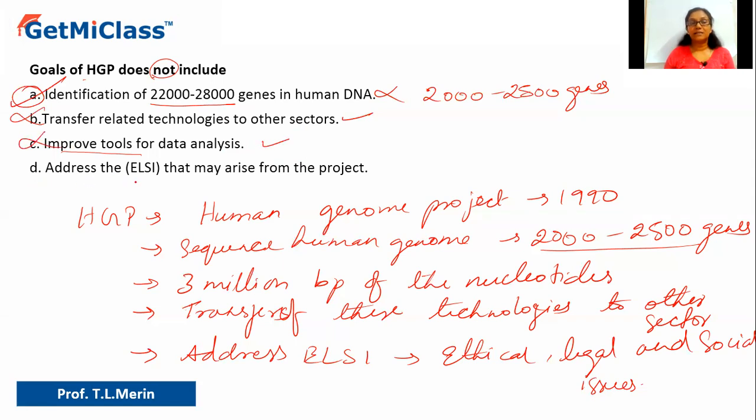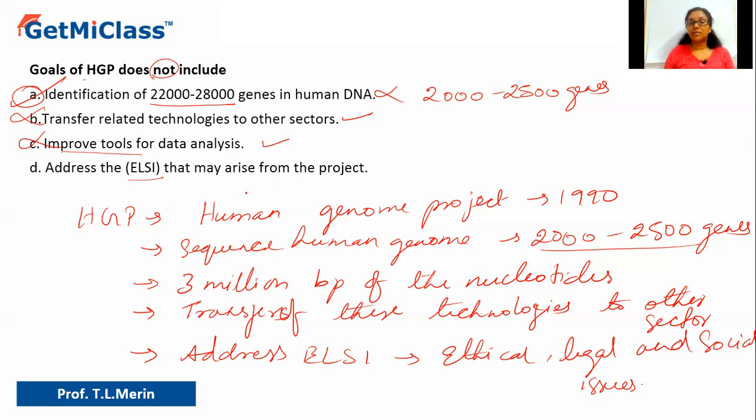Option D says address ELSI. They wanted to address the ethical, legal, and social issues regarding this project, because to sequence the DNA, of course, you need the DNA. For getting the DNA, you need the cells. And from where do you get the cells? Of course, from living organisms.